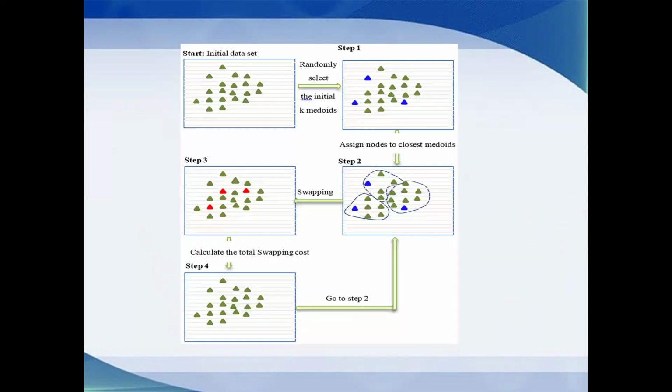This diagram shows the important steps of the K Medoid algorithm. First, we take the data set, then we randomly select K Medoids as the input. Then we measure the similarity between the Medoid and non-Medoid points. Based on that, we form the groups.